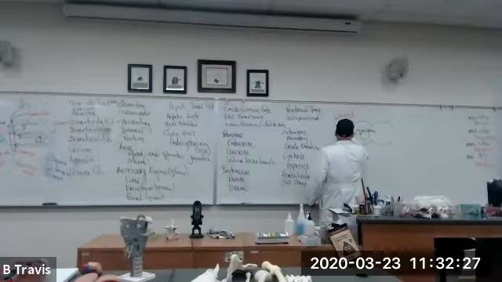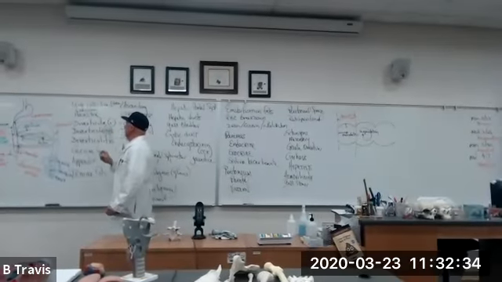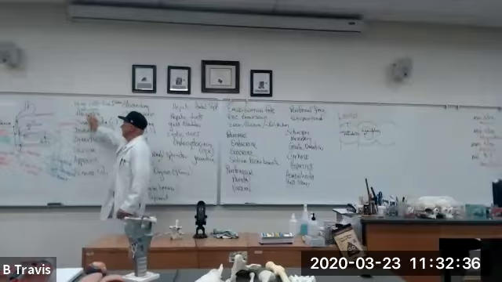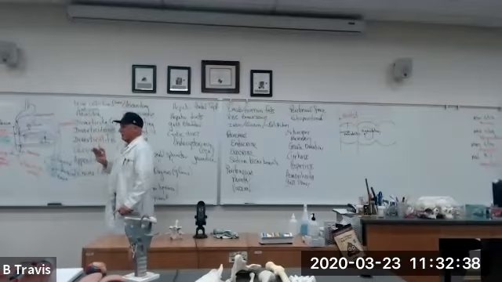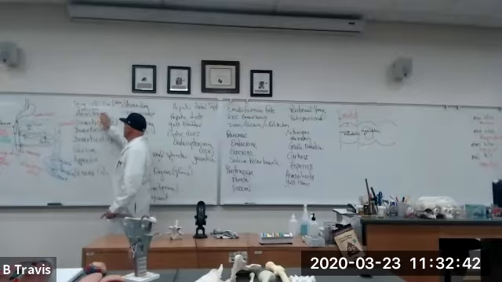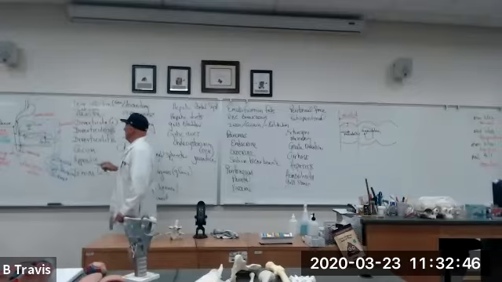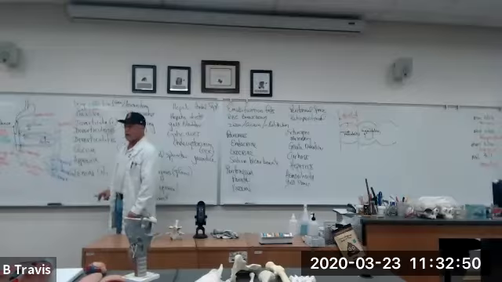The rise in the haustra is called diverticula or diverticuli. So we're talking about a section of the large intestine. We said a section is called a haustra. The cecum was the first part of the large intestine. We said a rise in that haustra is called a diverticula or diverticuli.